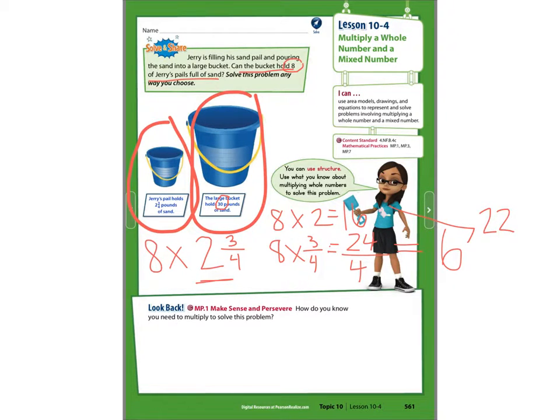And then remember, we had to go back and compare to this large bucket, and the value that the large bucket can hold is 30. So can the bucket hold 8 of Jerry's pails? Yes, it can, because 22 is less than 30.